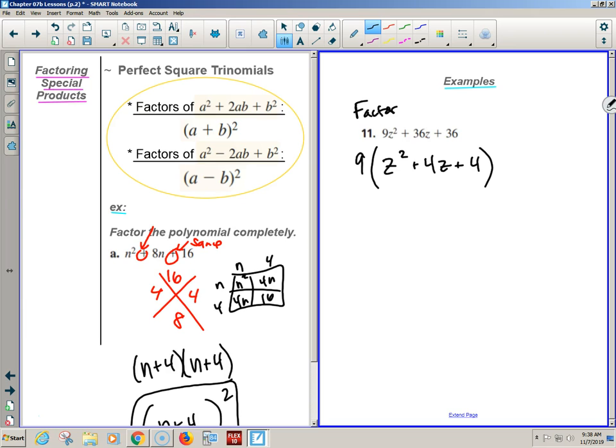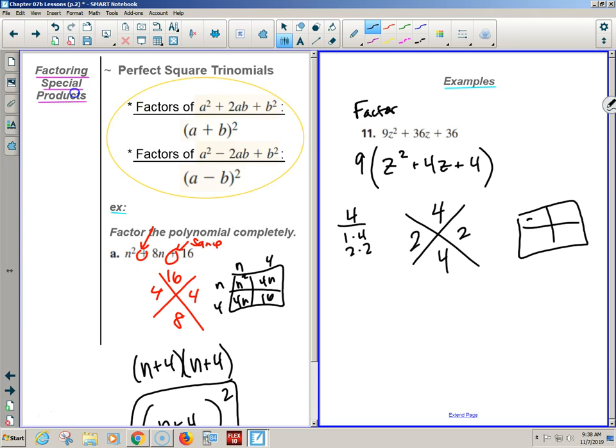Now what? What goes up top? 4. What goes in the bottom? 4. What factors of 4 make 4? Oh, that's easy. 2, 2. Right? We have our z squared, our 4, our 2z, and our 2z. Huh.